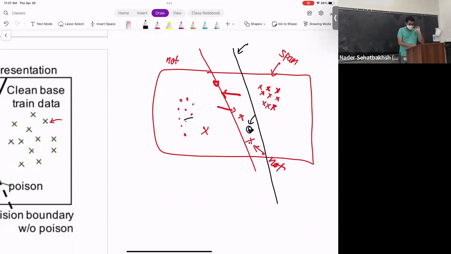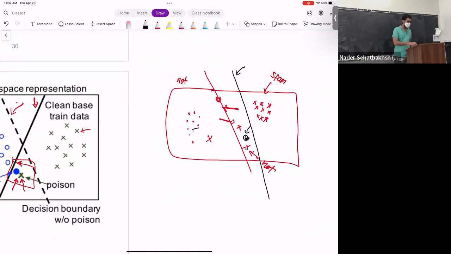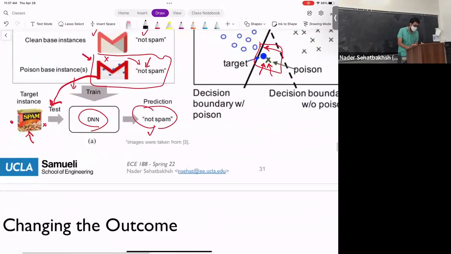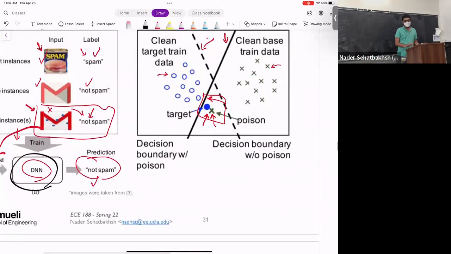Okay? And this way we circumvent the neural network, which thinks that it makes the right decision, but in fact it doesn't, and it makes an incorrect prediction. So all it does at the end of the day is force the system to make a wrong decision during the training.